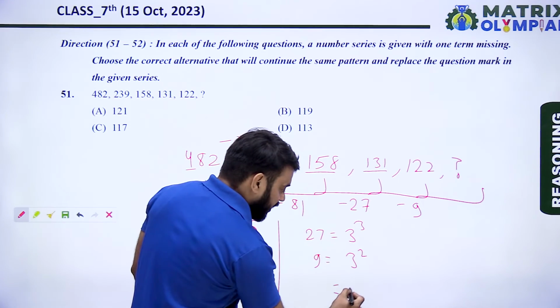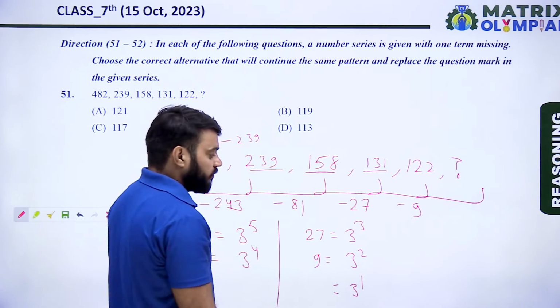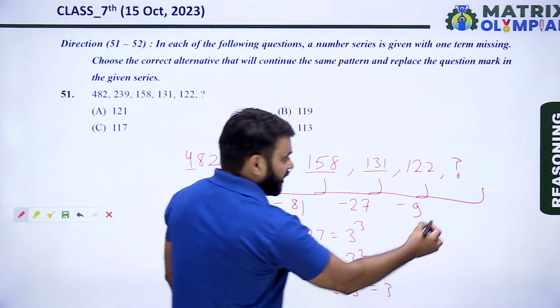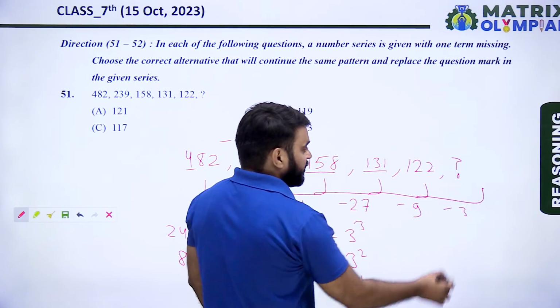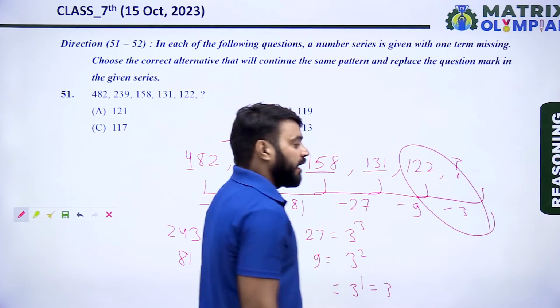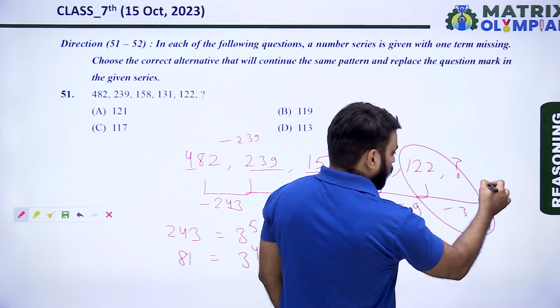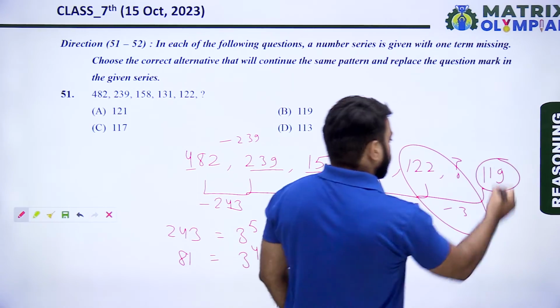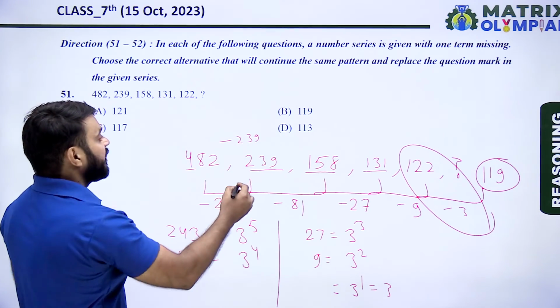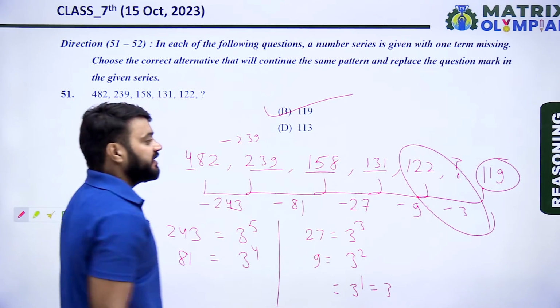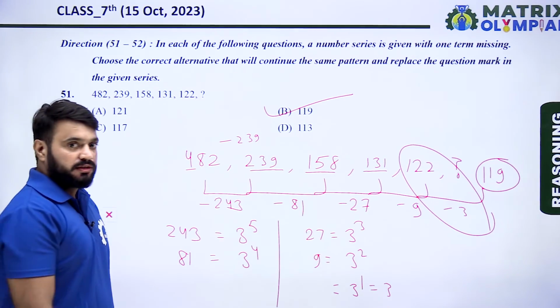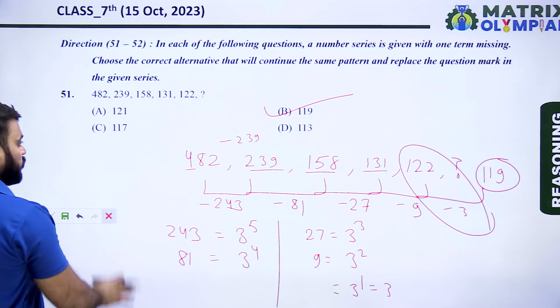Now next is 3 to the power of 1. It means 3. So next difference is 3. It means 122 minus 3. So next number is 119. So next term is 119. It means option B is the correct answer of this question. So let's move on to the next question.